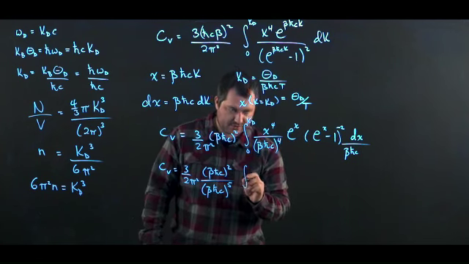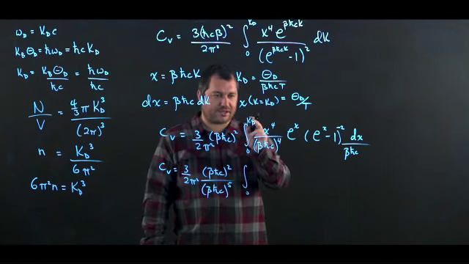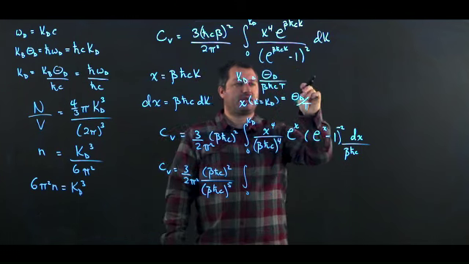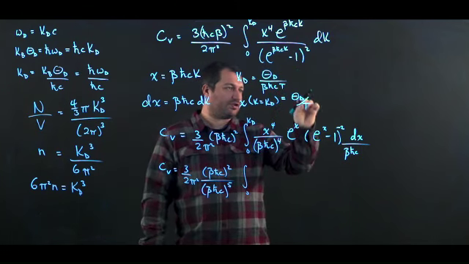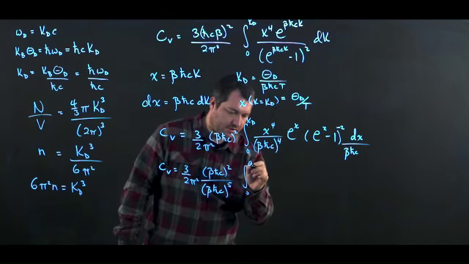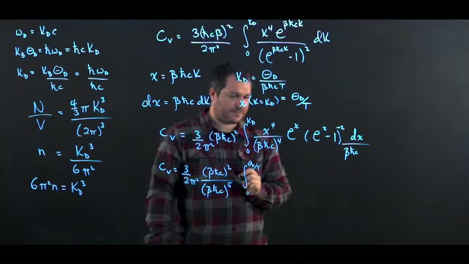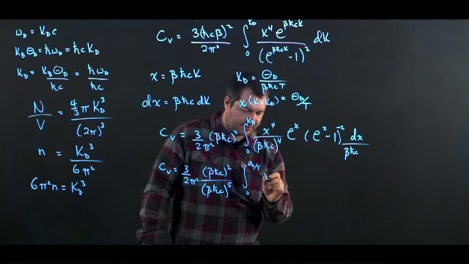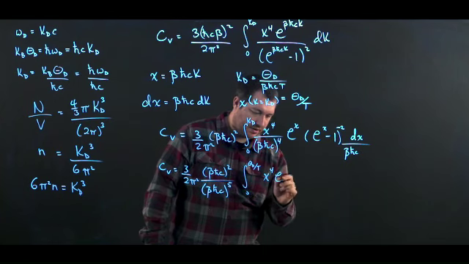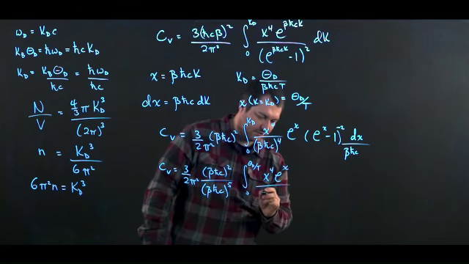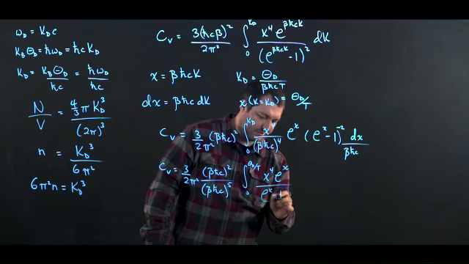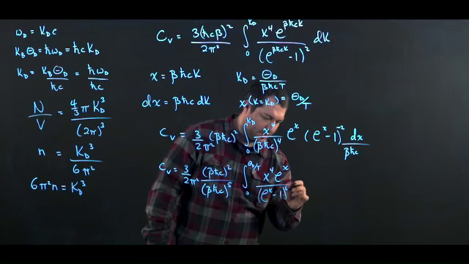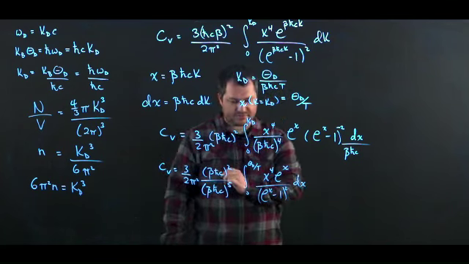And now I have 0, and I'm going to replace this kd term with my x limit of integration, which is now the Debye temperature over T. And I'm going to have x to the 4, e to the x, all over e to the x minus 1 squared dx.